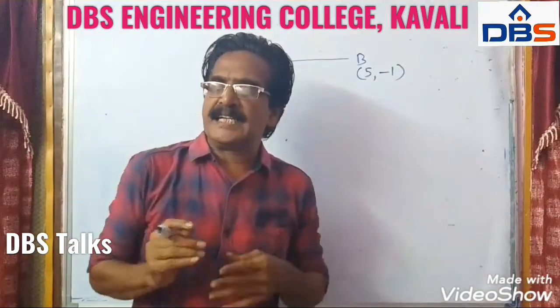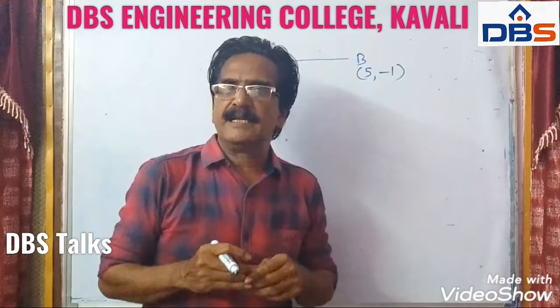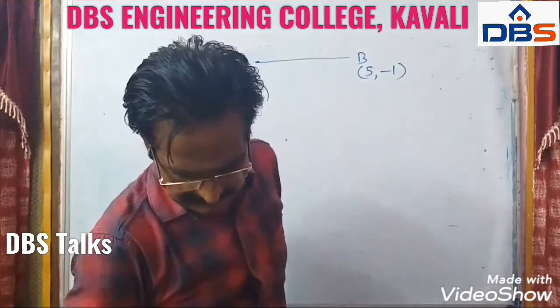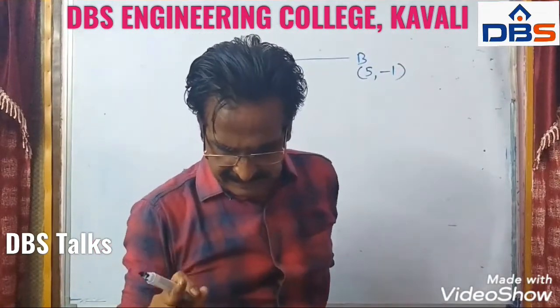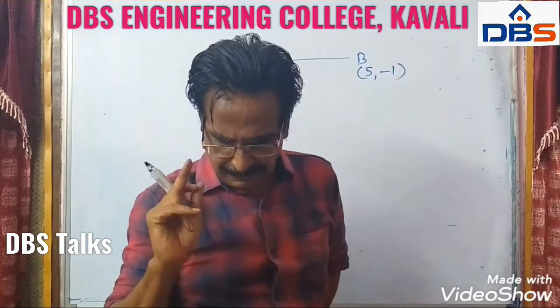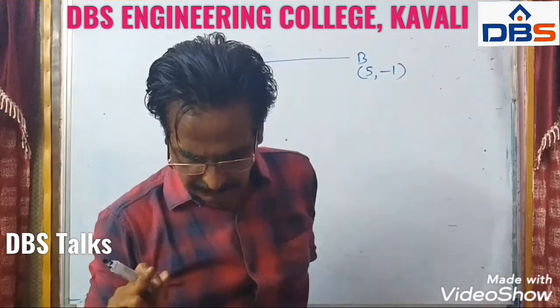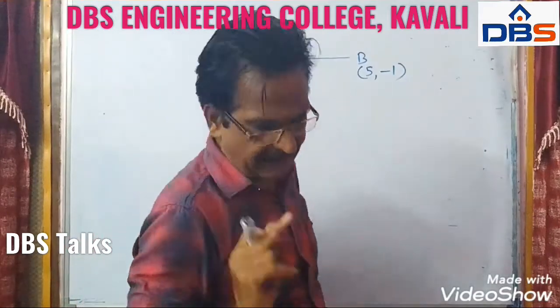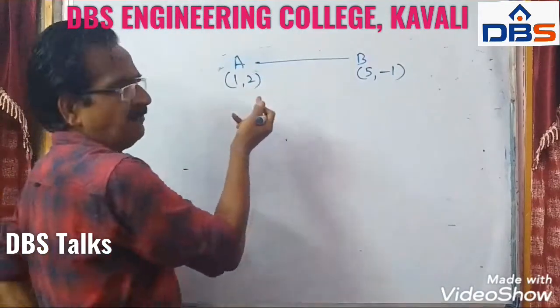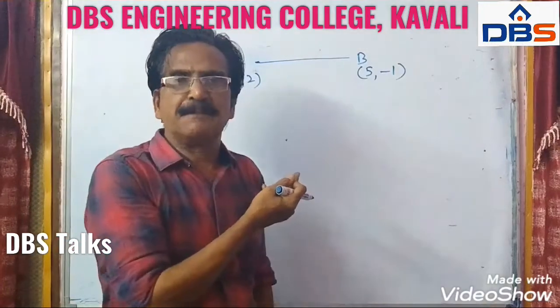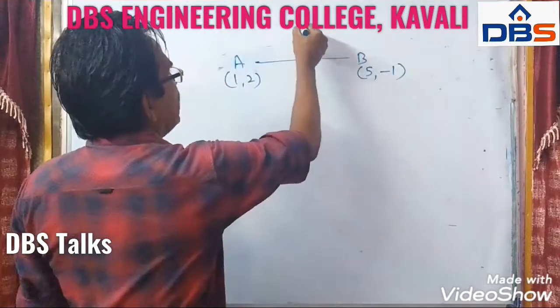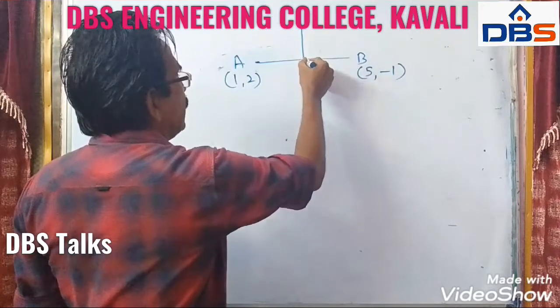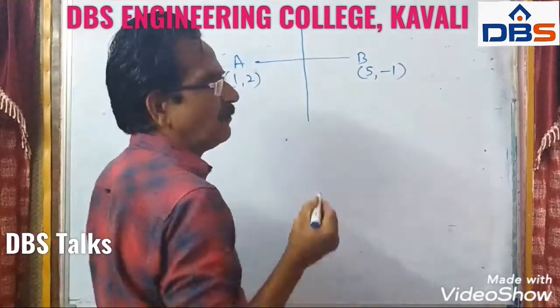This AB is a line segment, friends. What is the thing we want? Find the equation of the perpendicular bisector of A(1, 2) and B(5, minus 1). So very simple problem, friends. We want the equation of the perpendicular bisector.